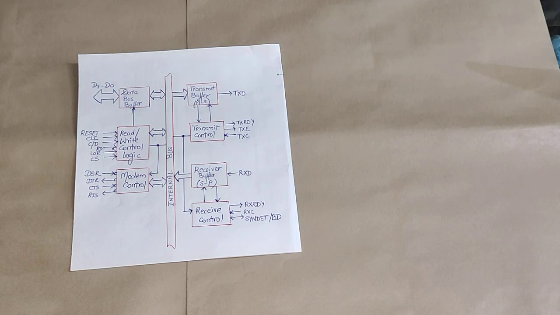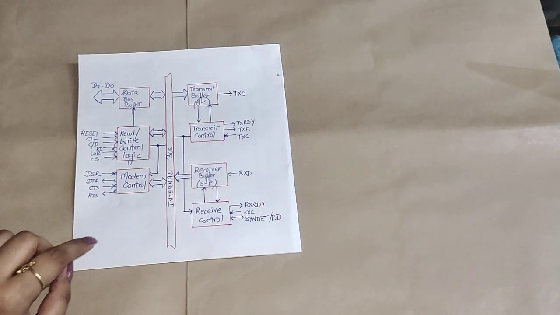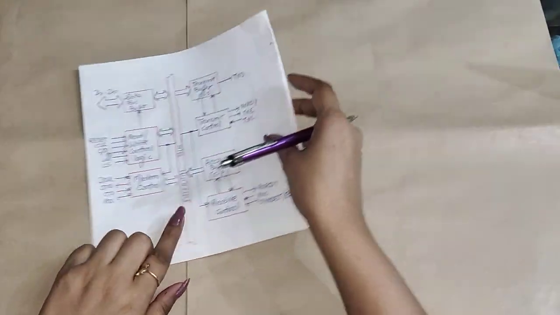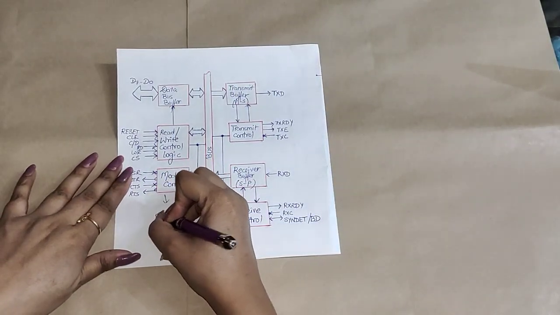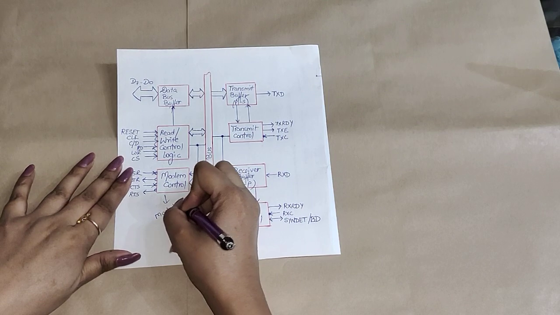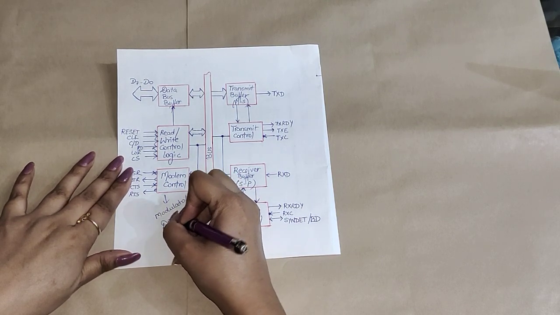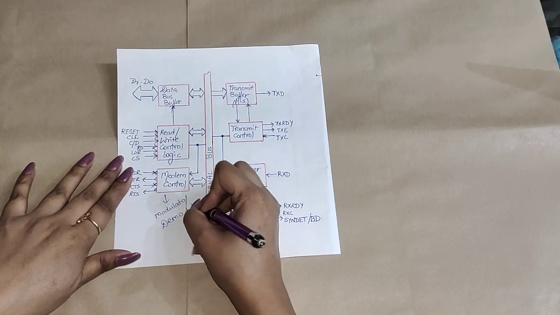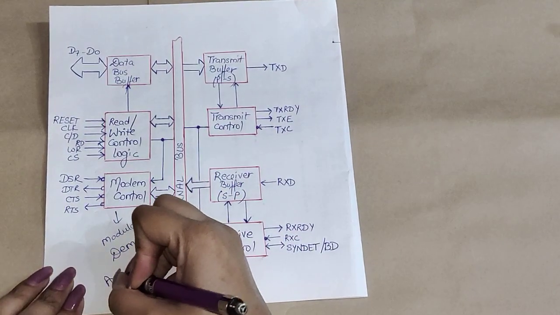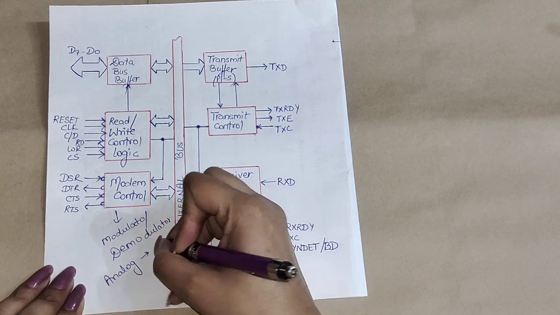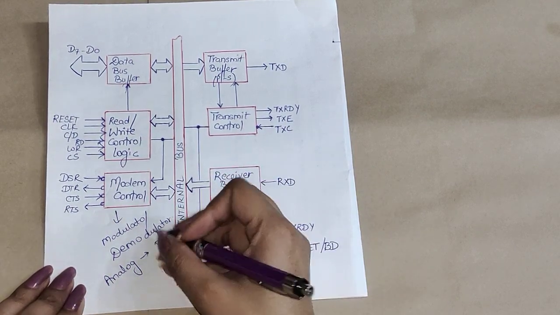What is modem control? You can also say that this is your modulator or demodulator. Now what is the task of this modulator, demodulator? This converts the analog signals into digital signals and vice versa.